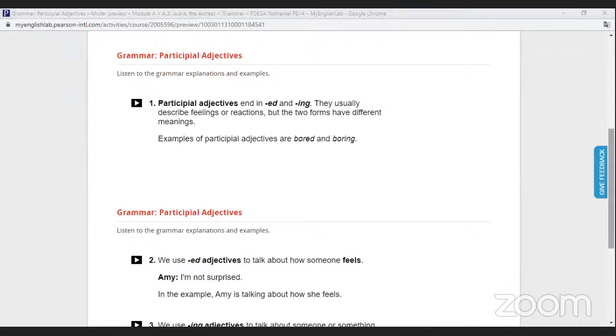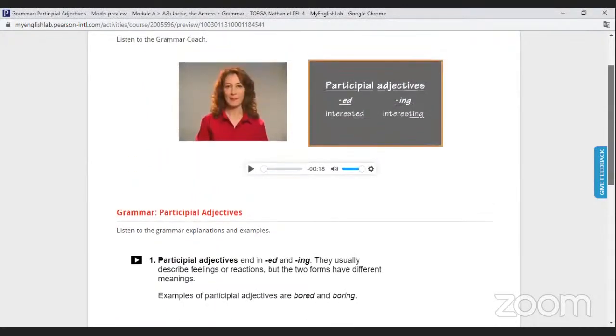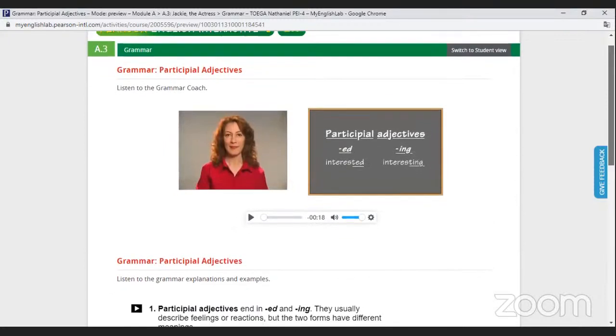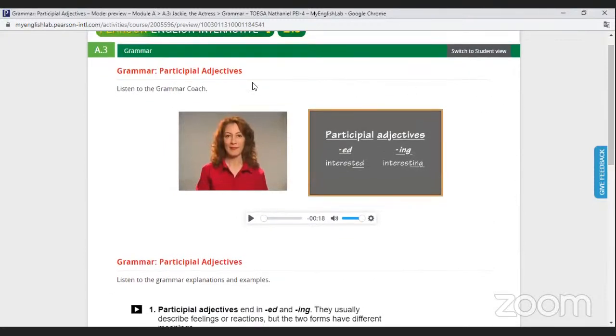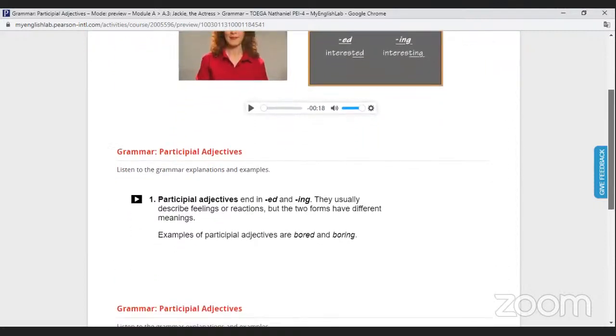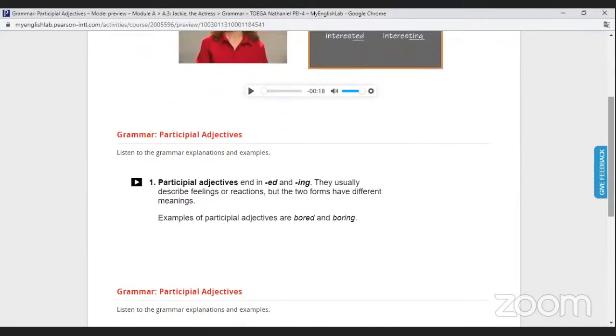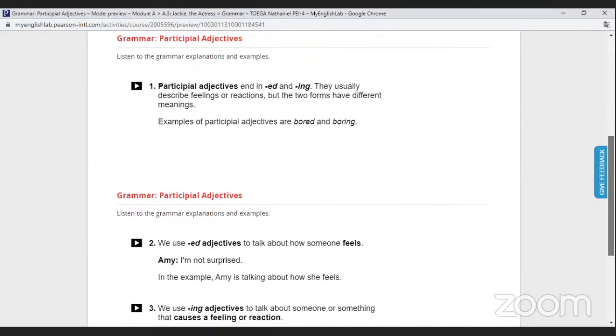Okay, so let's start with this. Yesterday we were seeing something similar to this, right? Participle adjectives. So in this case, we're gonna make just a little review about it, okay? After this, we're gonna practice the exercises and we're gonna see if it was understood, okay? Okay, so let's see.